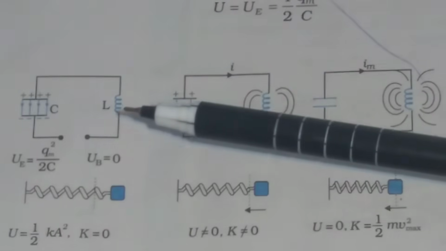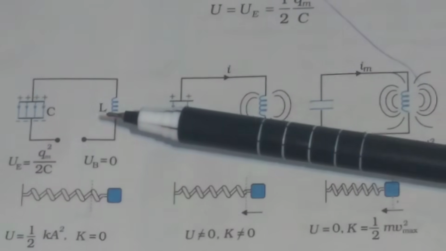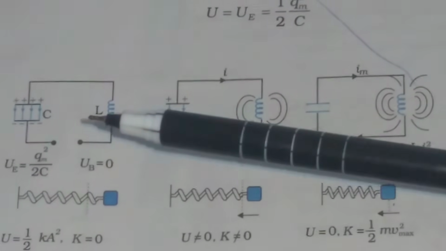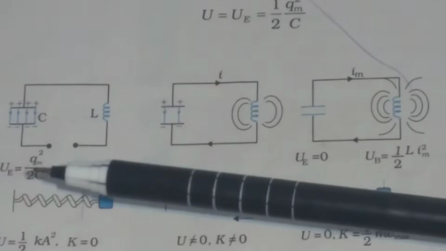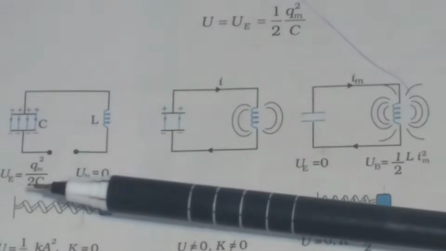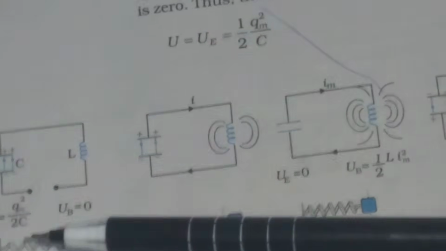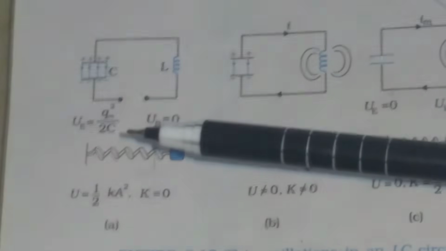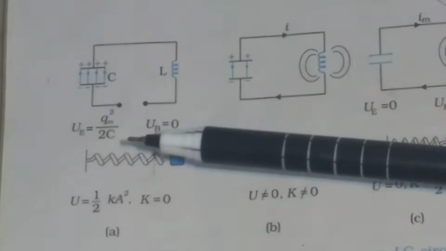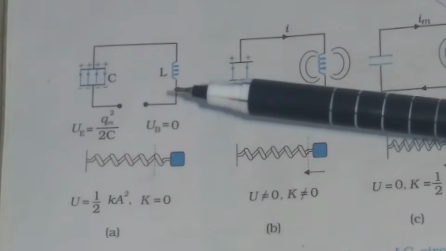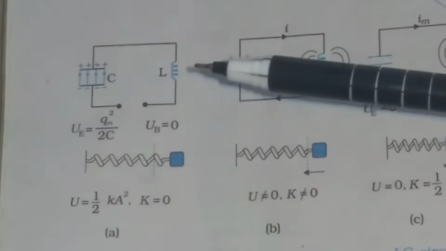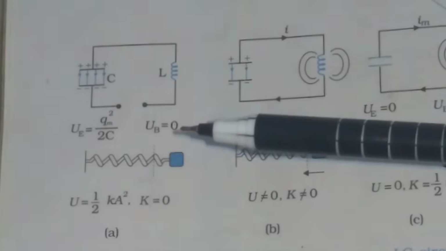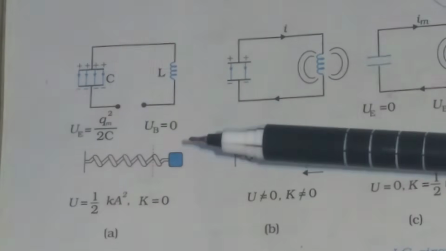The capacitor is not connected to the inductor, so the electrical energy stored in the capacitor is UE, which is equal to Qm square divided by 2C, and the magnetic energy stored in the inductor, UB, is equal to 0.